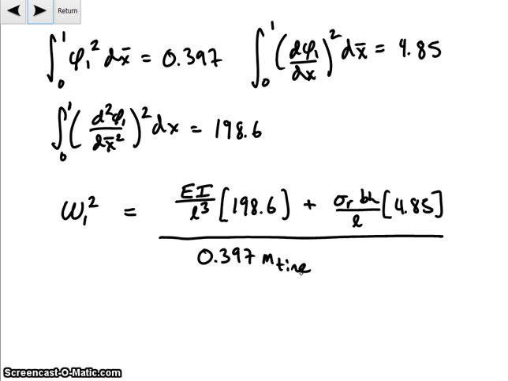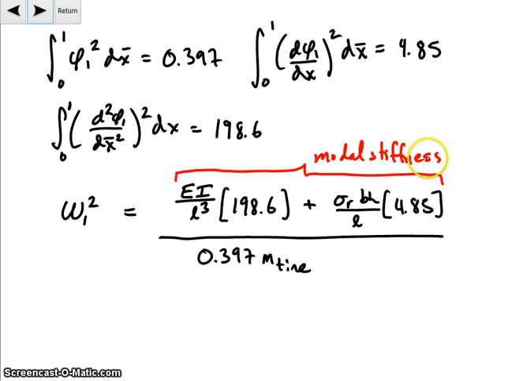Okay? And so the way we can think about it is that we have essentially the modal stiffness. And remember here I've included the residual stress, so if there's zero residual stress, this term goes away.